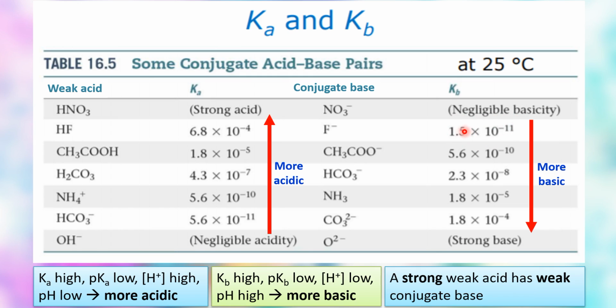So we can conclude that for a stronger weak acid, because Ka is high, the conjugate base formed will have the smallest Kb value, so it becomes the weakest conjugate base among all.